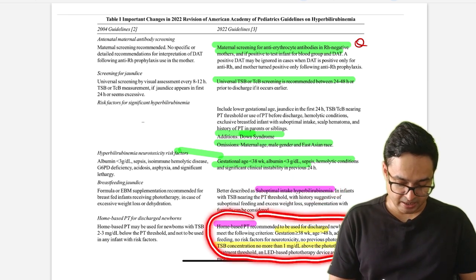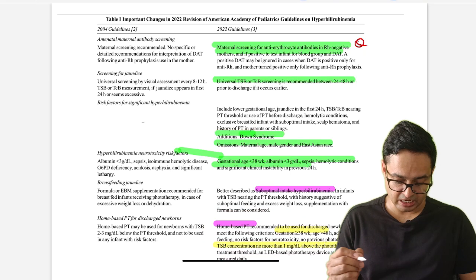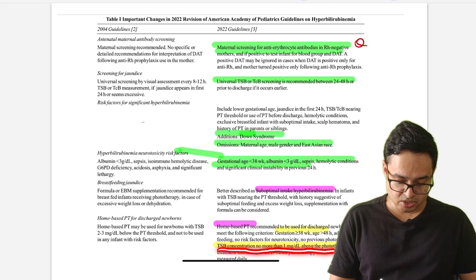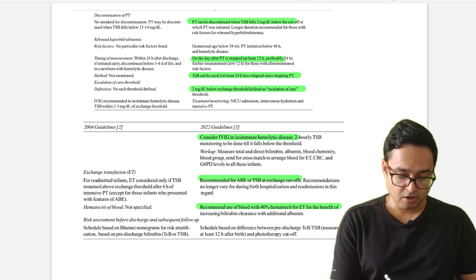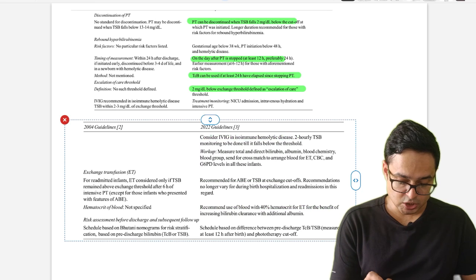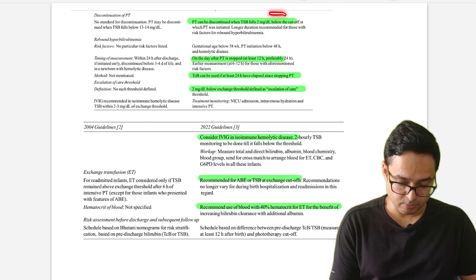Home-based phototherapy criteria we have discussed: more than 38 weeks, and TSB concentration no more than 1 milligram per deciliter above phototherapy range. Phototherapy can be discontinued when TSB falls less than 2 milligram per deciliter below the threshold. So this is again very much important.